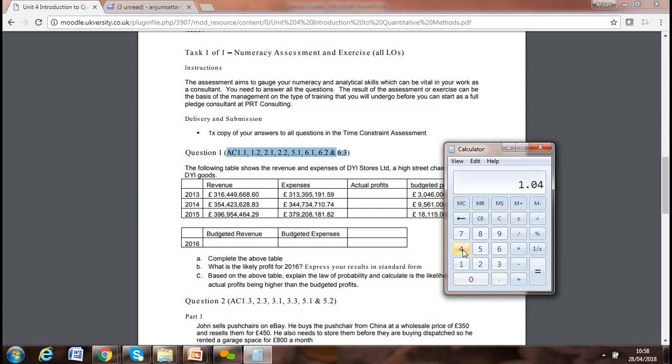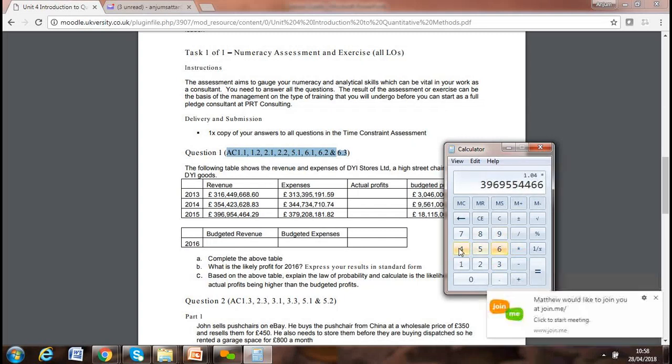So times by 396,954,464.29. That will be my figure.